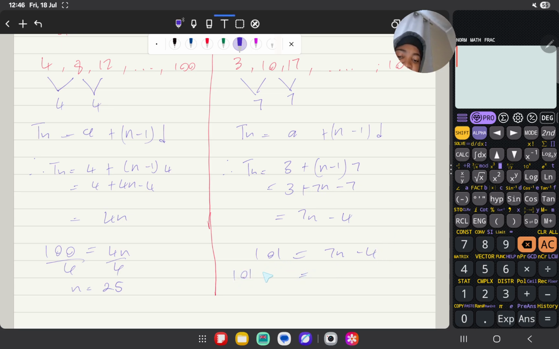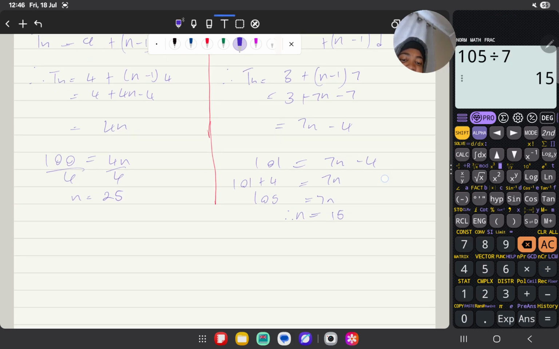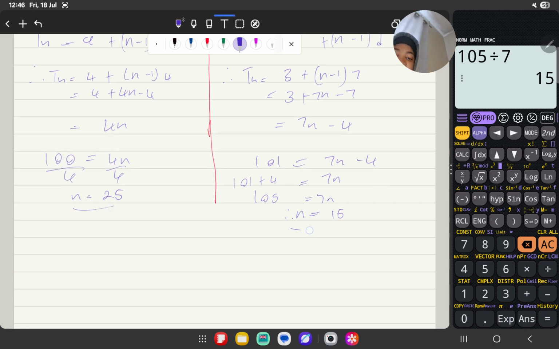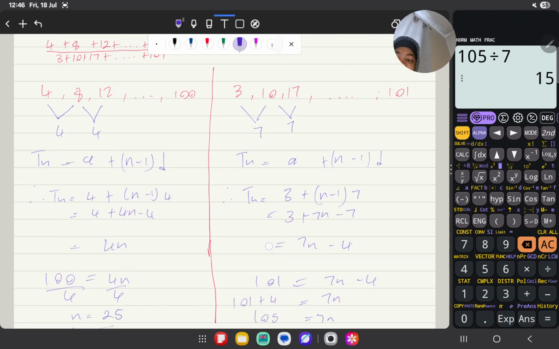Then 101 plus 4 is 105, equals 7n. Therefore 105 divided by 7 is 15. So we have n for both.